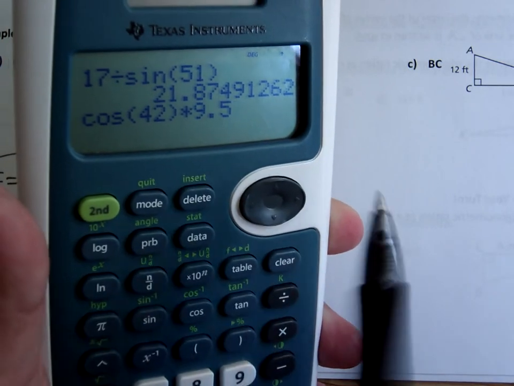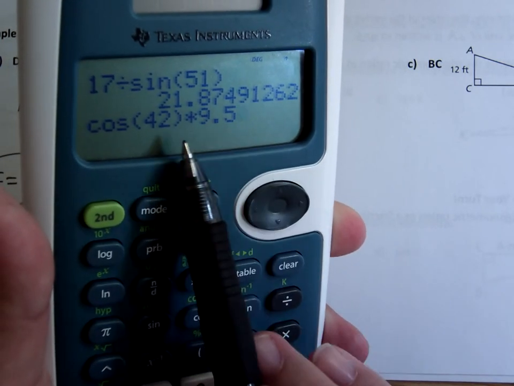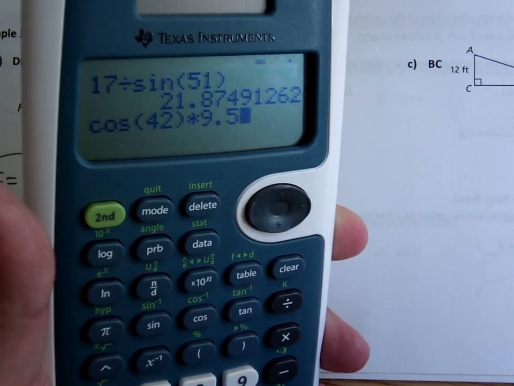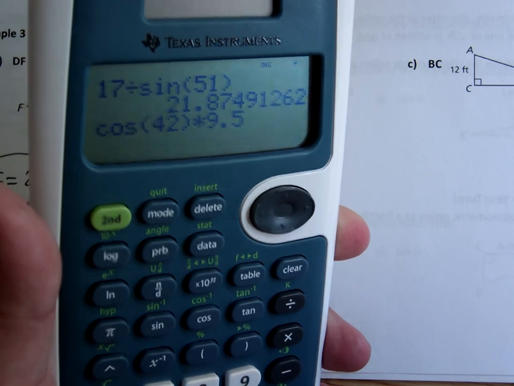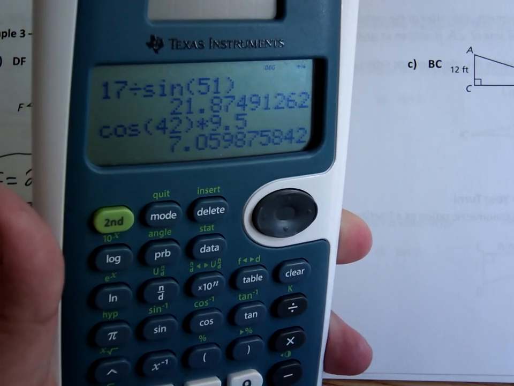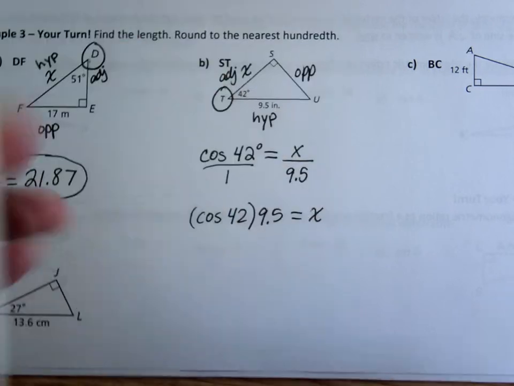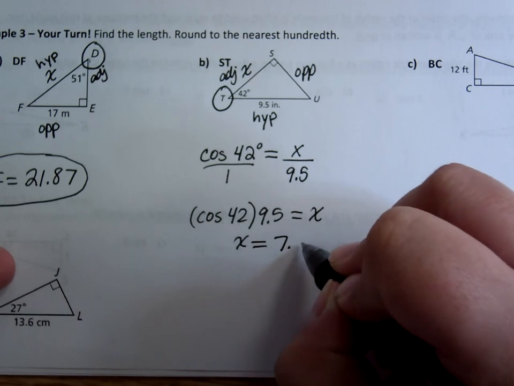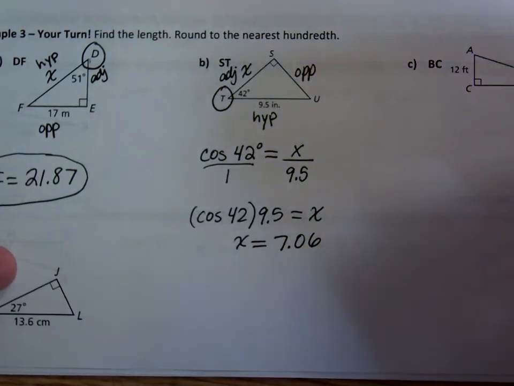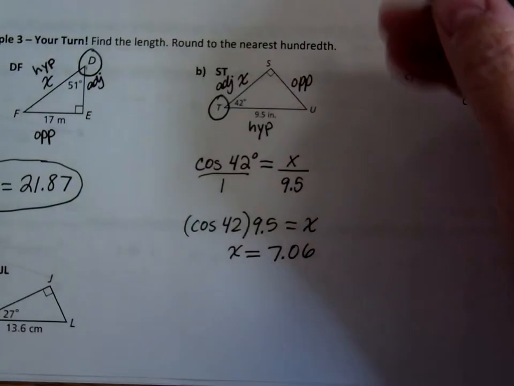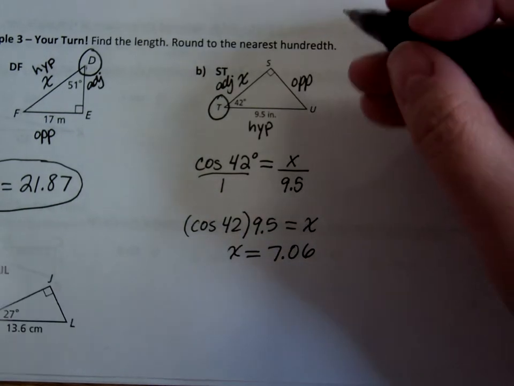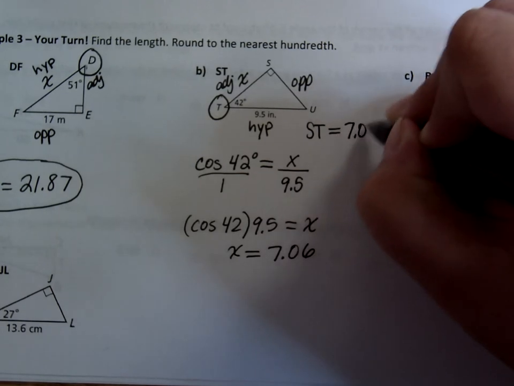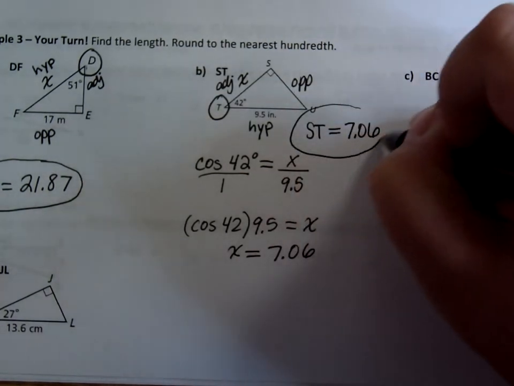Don't just do cosine of 42 and then type times 9.5, because it'll do cosine of like 380 something, whatever 42 times 9.5 is. Okay, 7.059, so 7.06. I'm going to go ahead and write it the same way I did over here. ST equals 7.06, and I am writing equals. Technically, I should be writing is approximately equal to.